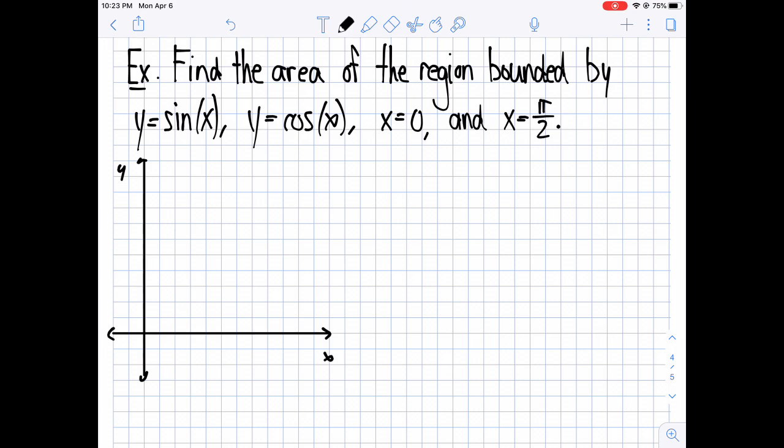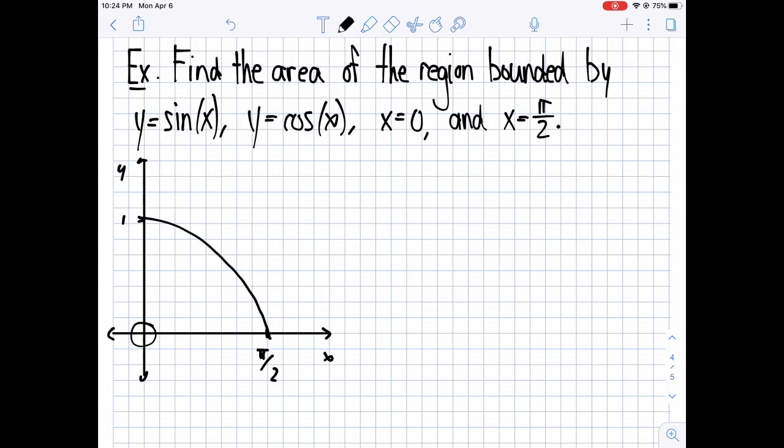Let's take a look at cos x. We know that cos of 0 will be 1, and it's also going to cross over the x-axis right here at pi over 2. So cos x is just going to come down like this. That's going to be cos x. And then we have sine x.